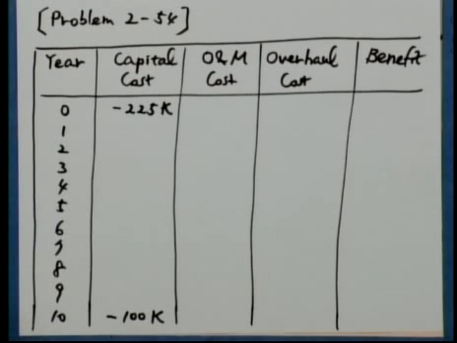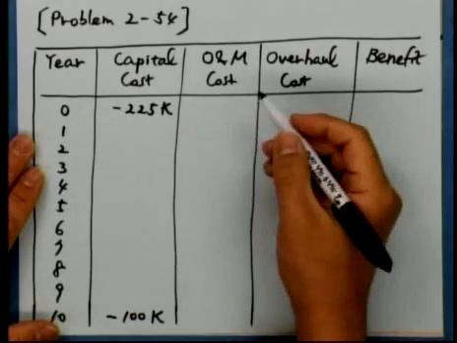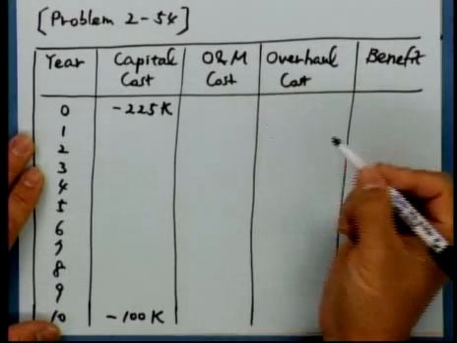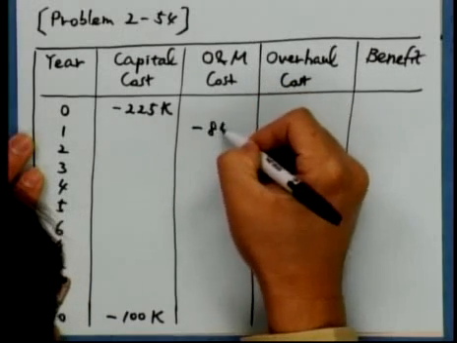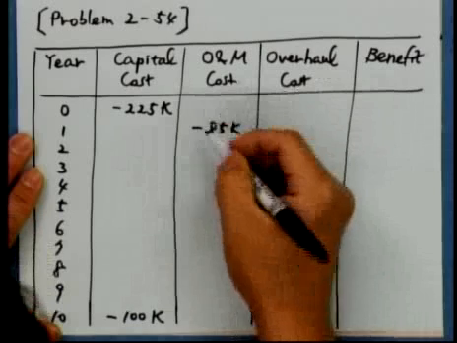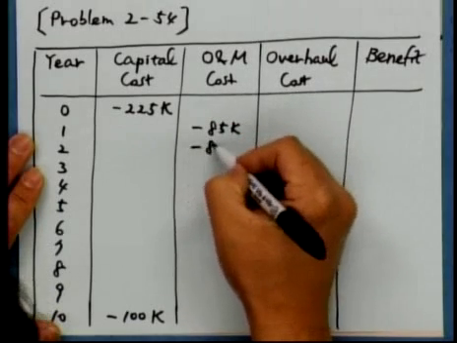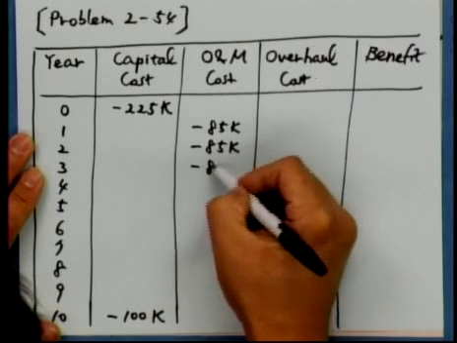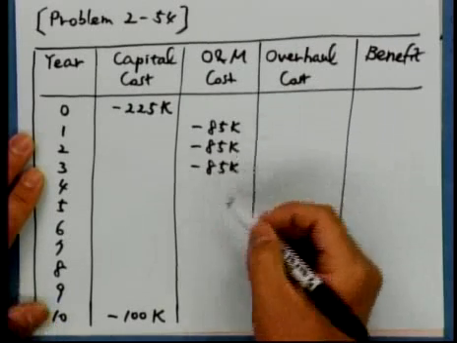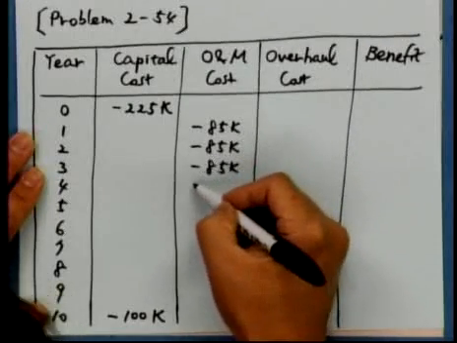And the maintenance cost, annual maintenance cost would be $85,000. So it's going to be negative 85K. Okay? And you need to put negative 85K at the end of each year up to year 10.